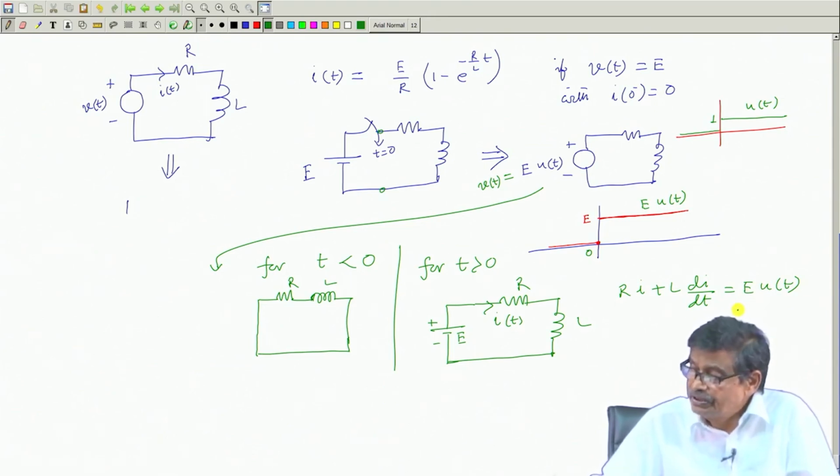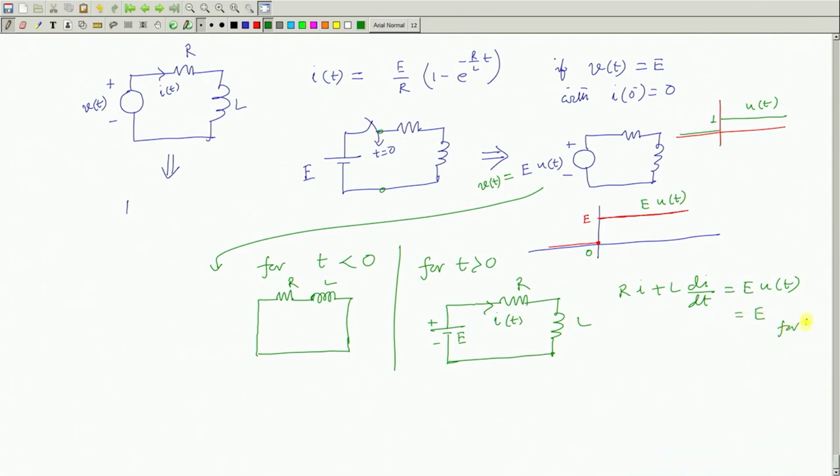Therefore, E into u(t) is nothing but E itself for t greater than 0. Got the point. Therefore, this is how one of the important functions, called the unit step function, emulates the situation where you want to connect a battery across R and L.